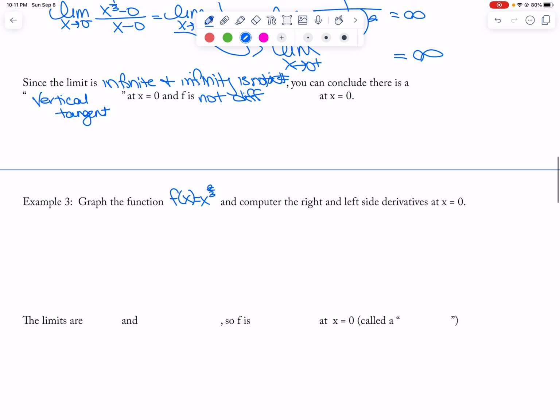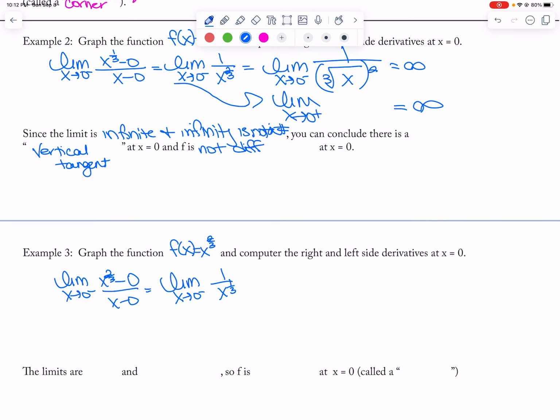Okay, so now the limit as x approaches 0 from the negative side of x to 2/3, oh my goodness, x to 1/3 minus 0 over x minus 0. Okay. Now I'm just taking the cube root.